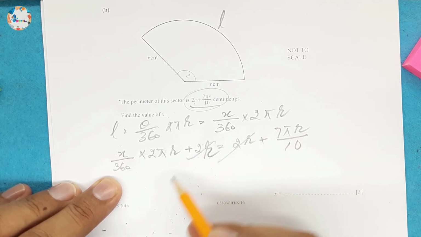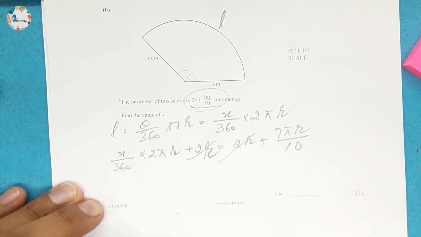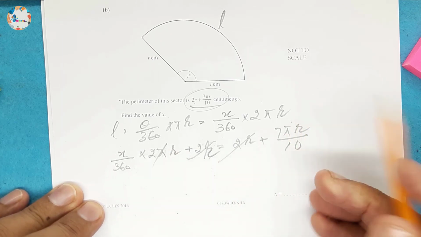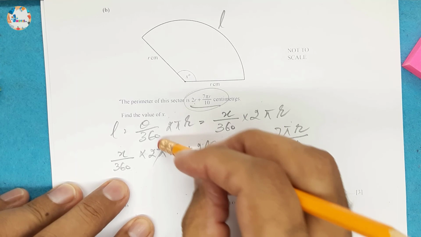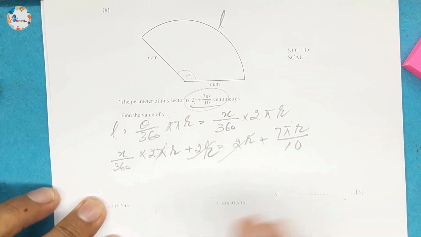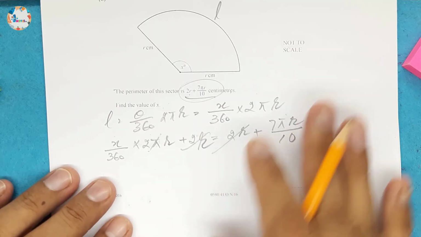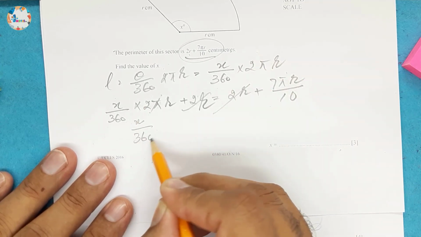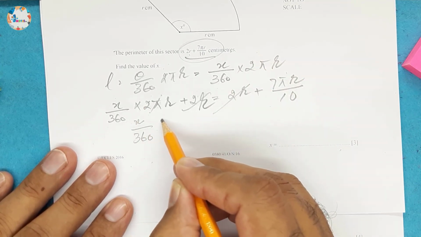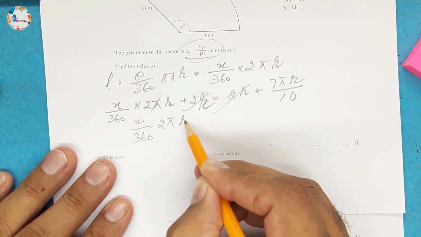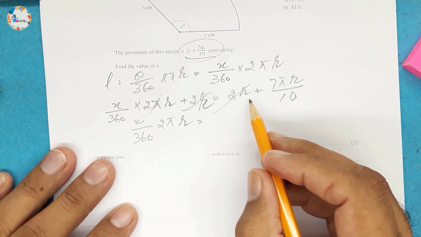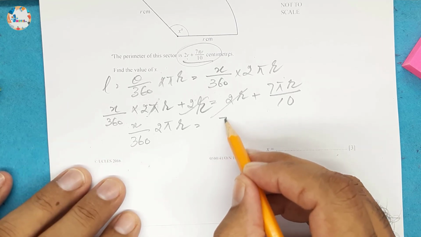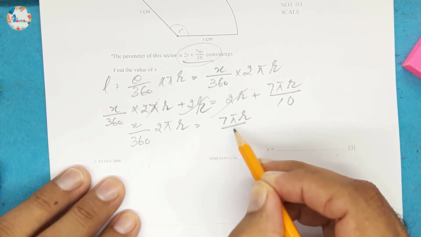So this and this will cancel, and pi also we can cancel. Otherwise, instead of cancellation, we'll write another step so that you will be clear: x over 360 into 2 pi r is equal to 7 pi r over 10.